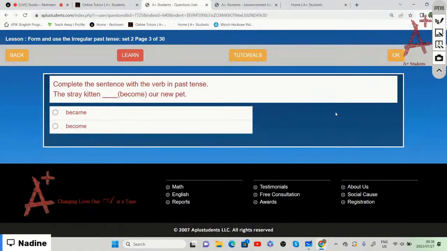The stray kitten become our new pet. We need to choose the correct verb within the past tense. Is it became or become? We need to choose the correct form of the verb which shows the past tense.